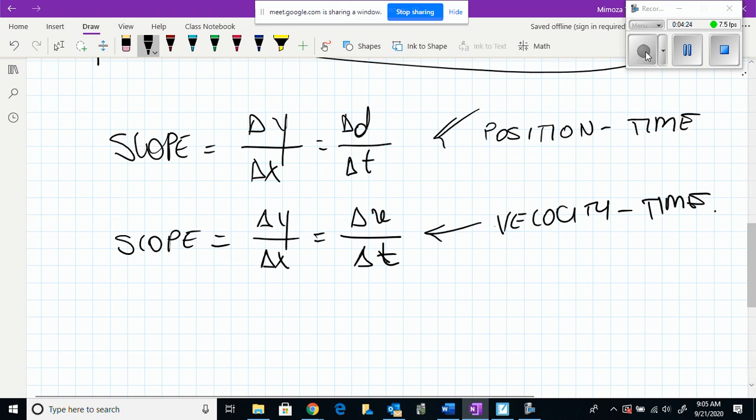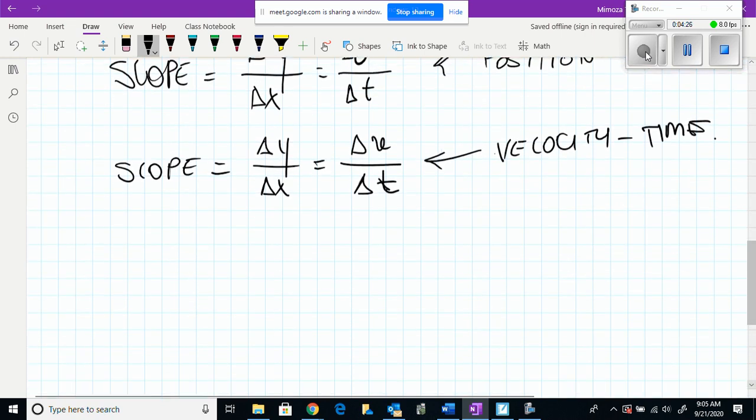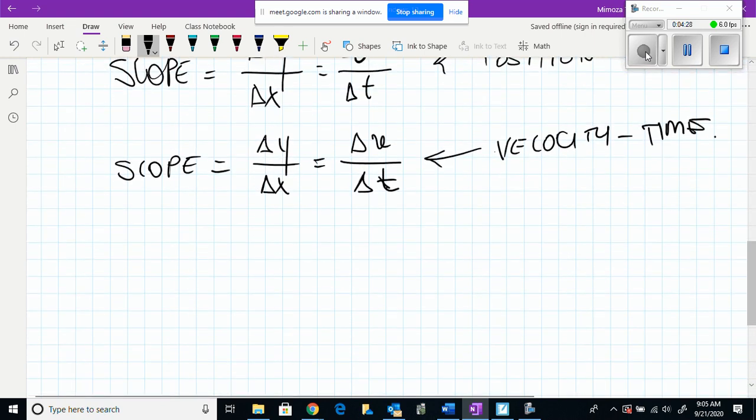Okay. So now the problem becomes more complicated when we are looking at a displacement time graph that curves up or curves down.